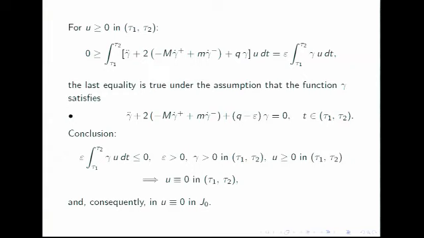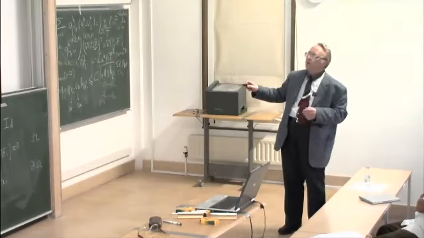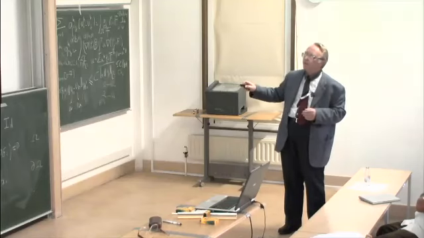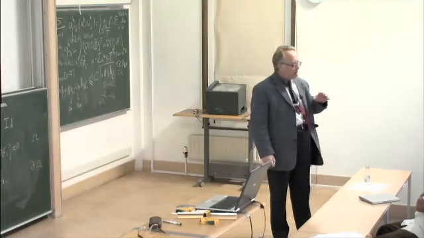We use the estimates we have just derived, and this is equal to epsilon integral from tau 1 to tau 2 of gamma u dt. The last equality is true under the assumption that the function gamma satisfies, moreover, this differential equation with jumping nonlinearities in the first derivative.